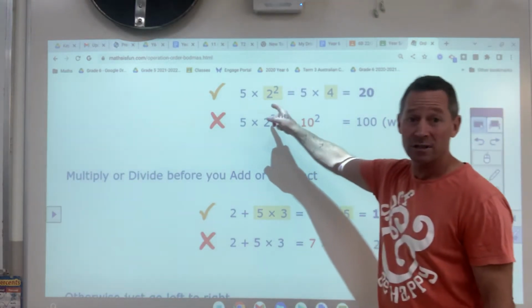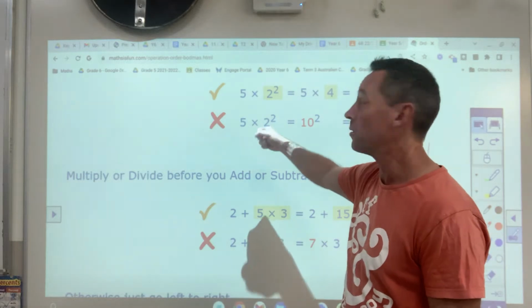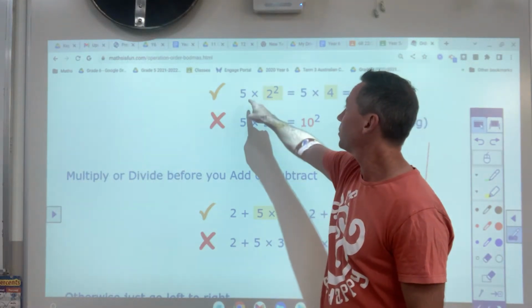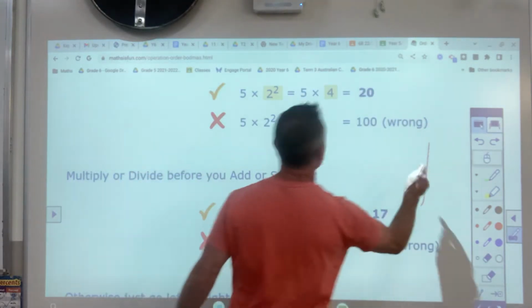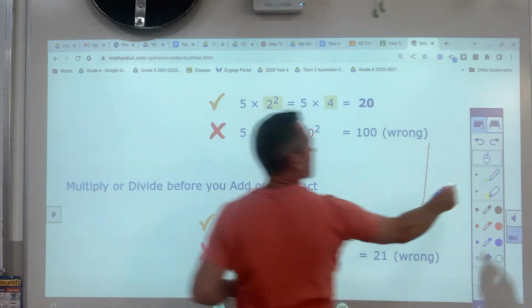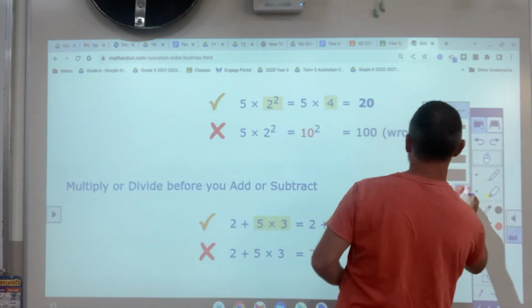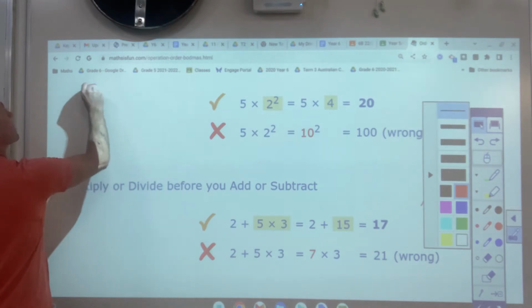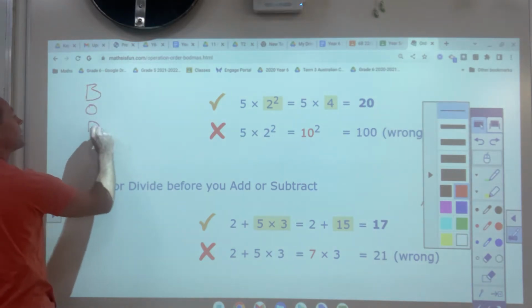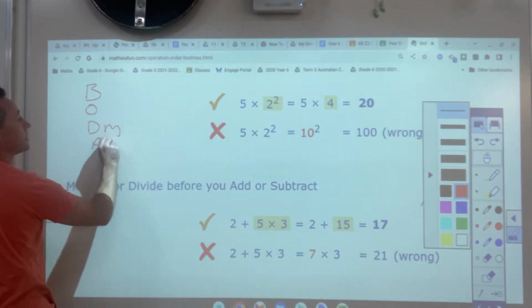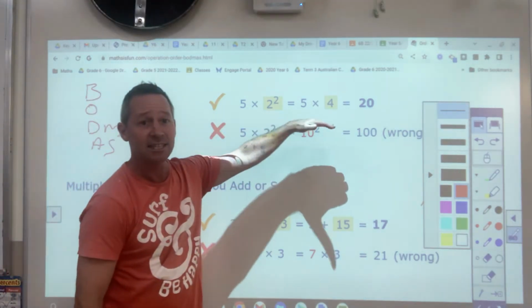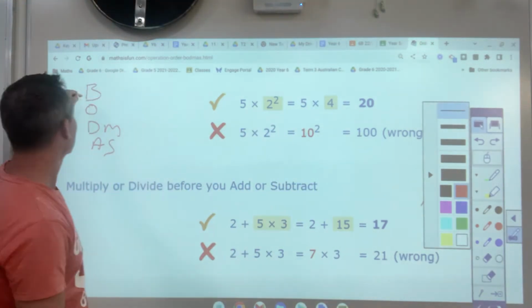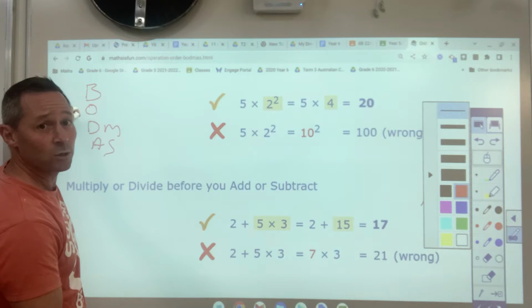Now this one here, this is the orders, to the power of. I need my BODMAS, right here. In this particular case, there's no brackets, so then I go to the O, which is the orders.